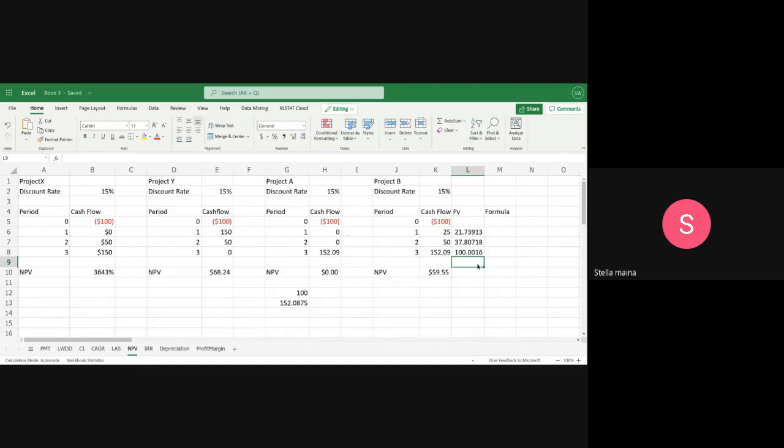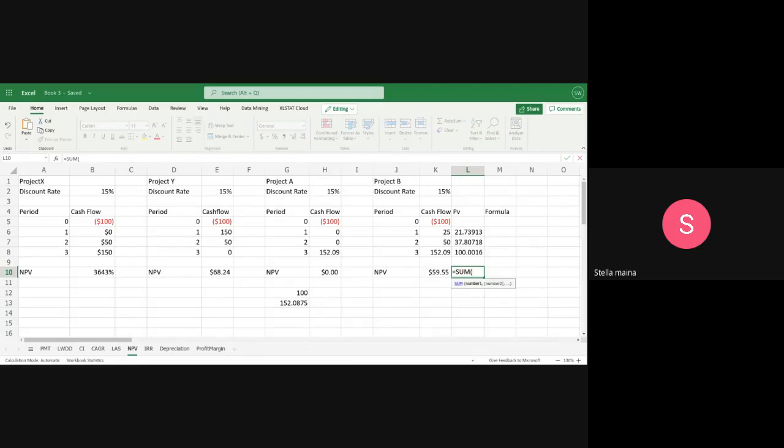So with that, to get just now the total value for all of that, you can now sum. So it will just be equals to sum to get the total NPV value.